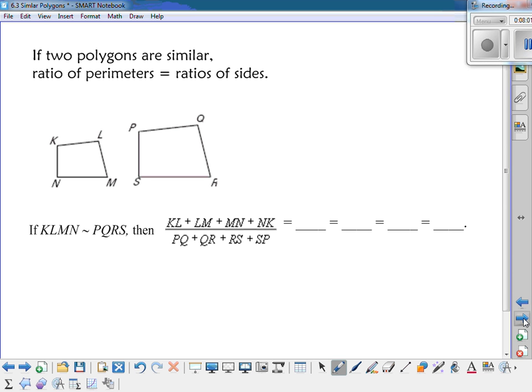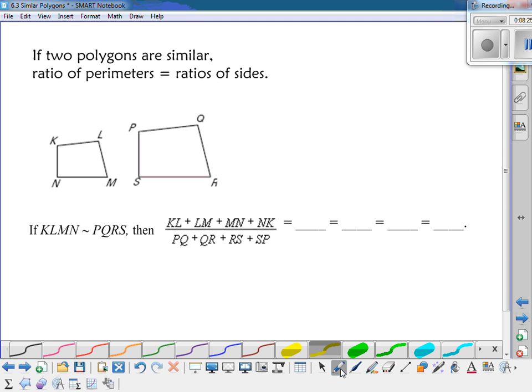If two polygons are similar, it turns out that the ratio of the perimeters is the same as the ratio of the sides. So in my diagram, if KLMN is similar to PQRS, then I know KL plus LM plus MN plus NK over PQ plus QR plus RS plus SP is going to equal the ratio of the sides.